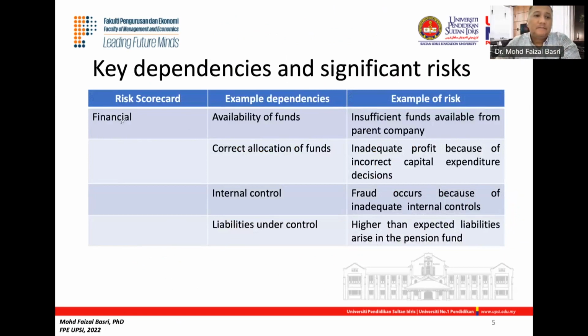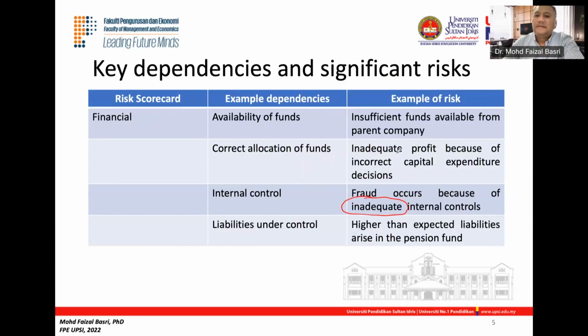For example, from the financial risk point of view, examples of the dependencies are availability of funds, or internal control even. So what are the risks when we talk about internal control? Fraud occurs because of inadequate controls. So these are the risks that occur in the business, in the organization, and we can list down all the relevant risks in our identified risks.